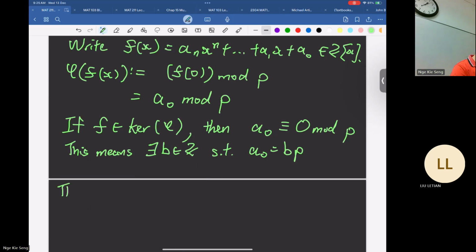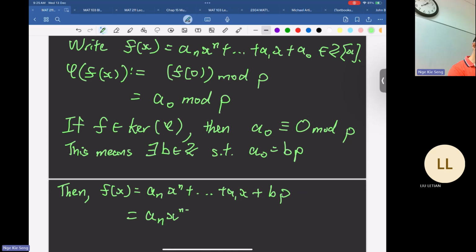Then f(x) equals a_n x^n up to a_1 x plus bp. And you can see that these are linear combinations of x and p.